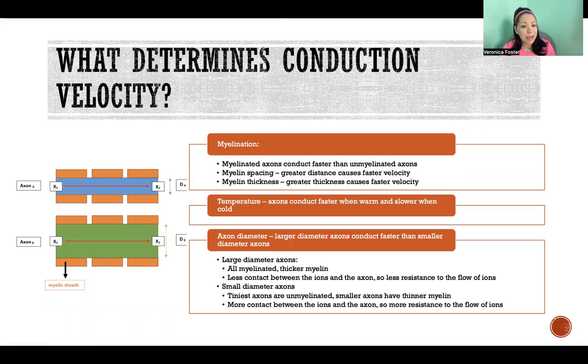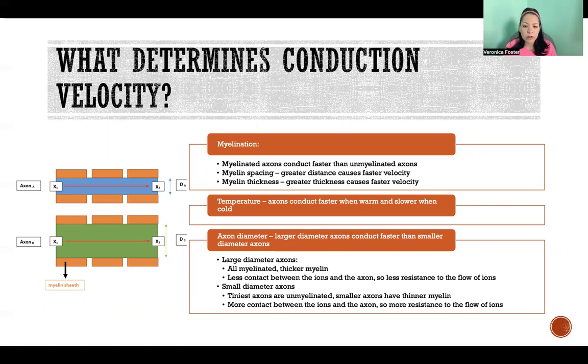So first is myelination. Myelinated axons conduct faster than unmyelinated axons. That's one of the main functions of myelination, to speed the conduction velocity. Also, we need to consider the myelin spacing, the distance between sections of myelin.